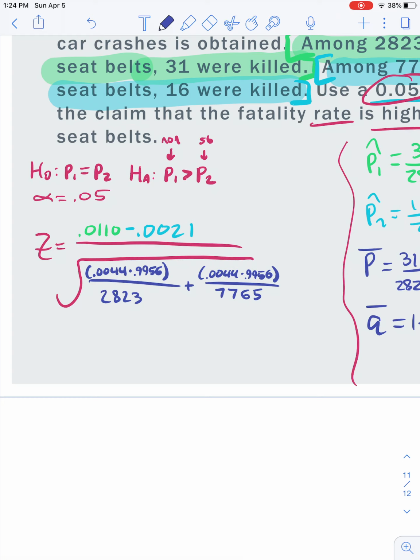Okay, so take your time, type this in to the best of your ability, and check mine to make sure you're typing it in right. Divided by the square root. Reach out to me if you're having a tough time with this. This is very tough to type in.